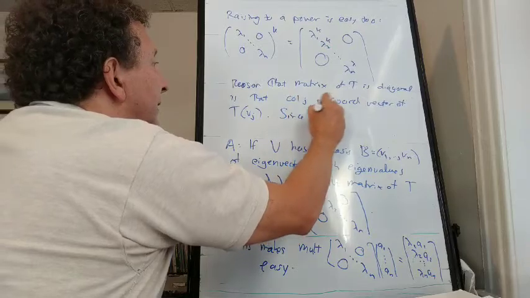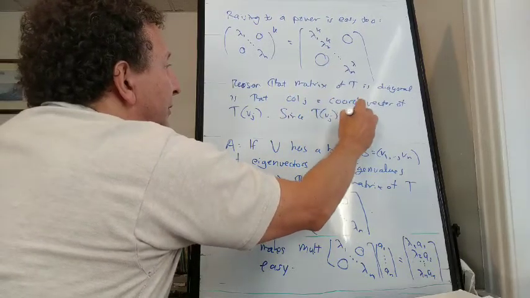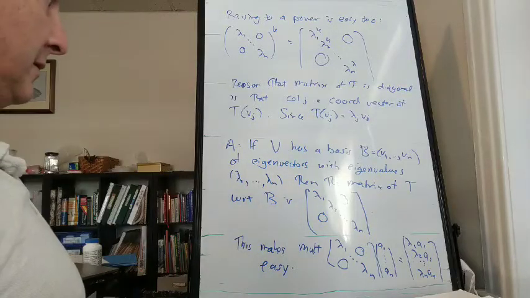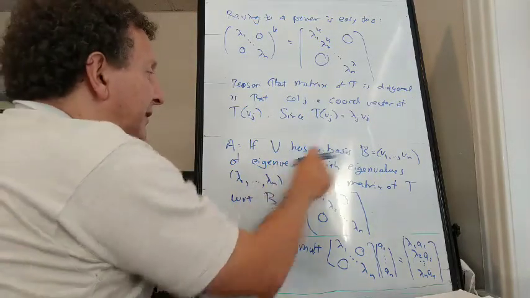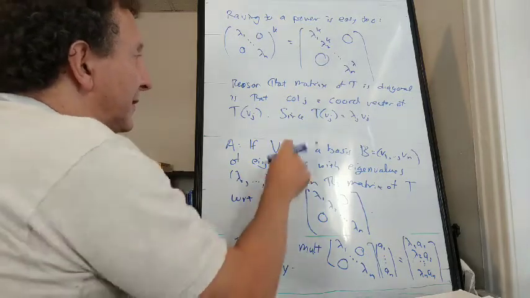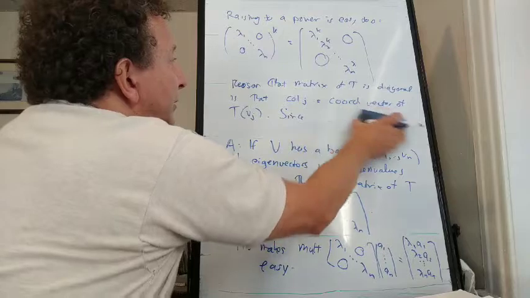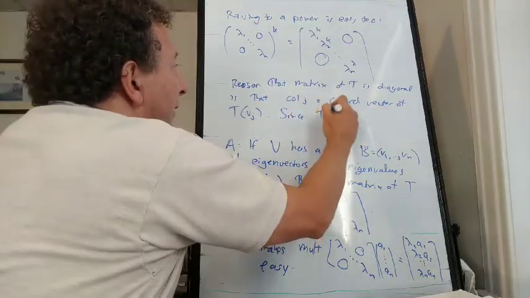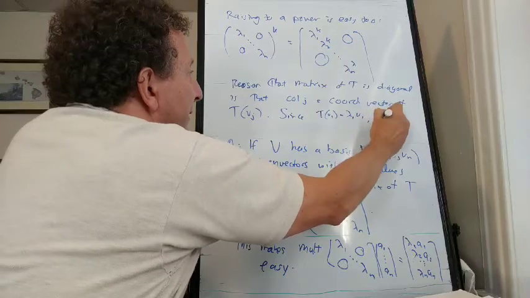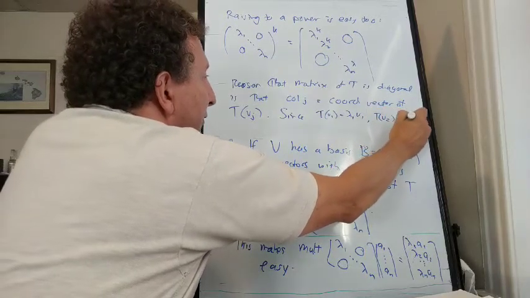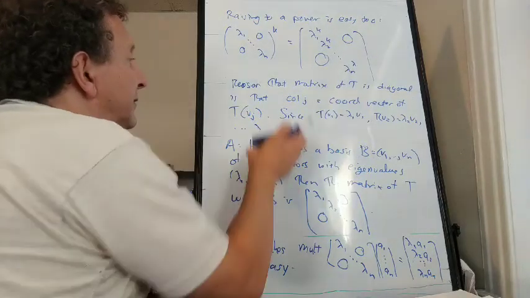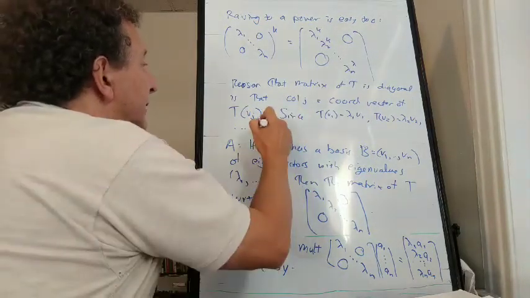Now, to say that the basis is eigenvectors with eigenvalues lambda 1 through lambda n means that T of v1 equals lambda 1 v1, T of v2 is lambda 2 v2, etc. T of vn is lambda n vn.